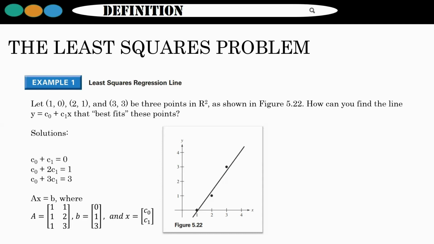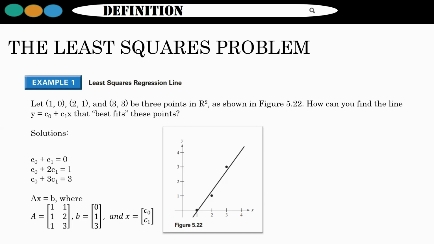So this system can be written in the matrix form AX equal to B, where we have here A as a 3 by 2 matrix. For row 1, we have 1, 1, and 1.